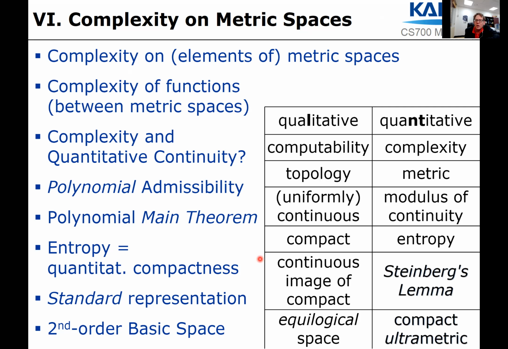Continuous image of a compact set is again compact, and Florian Steinberg's lemma relates the modulus of continuity to entropy. And equilogical spaces as a general class of basic spaces for computability investigations has a counterpart of compact ultrametric spaces as a category of basic spaces for complexity considerations and quantitative encodings.